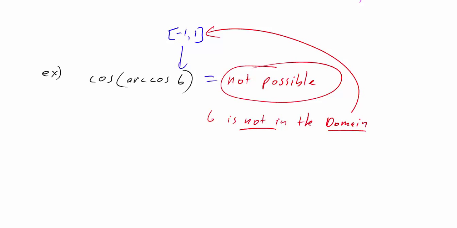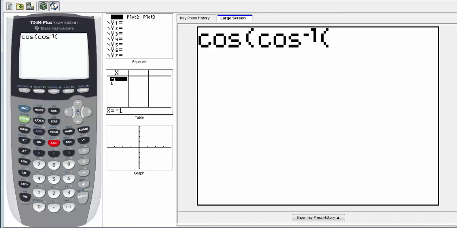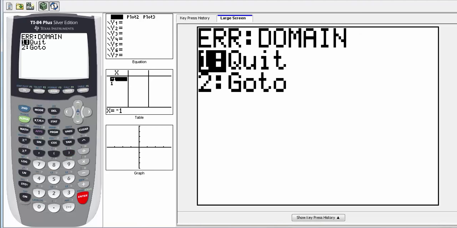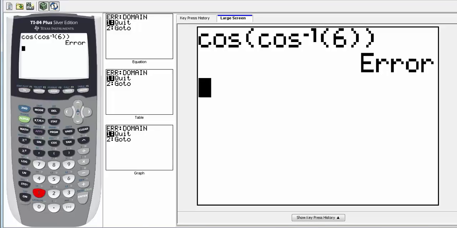And we can verify that with the calculator. If we were to take the second inverse cosine of 6, and hit enter, we get a domain error. Now again, that's not because we typed something in wrong. Sometimes that's the case, but in this case, there's a domain error because the 6 is not within the particular domain for the inverse cosine.